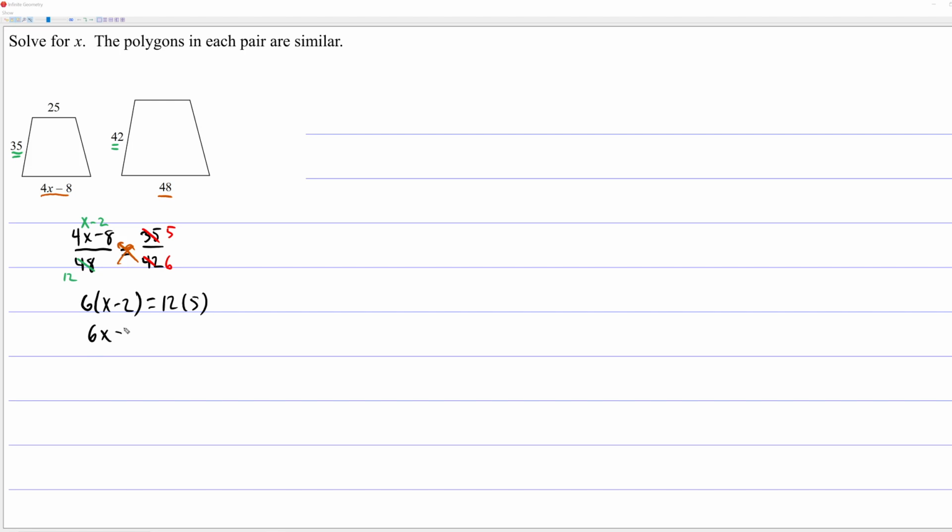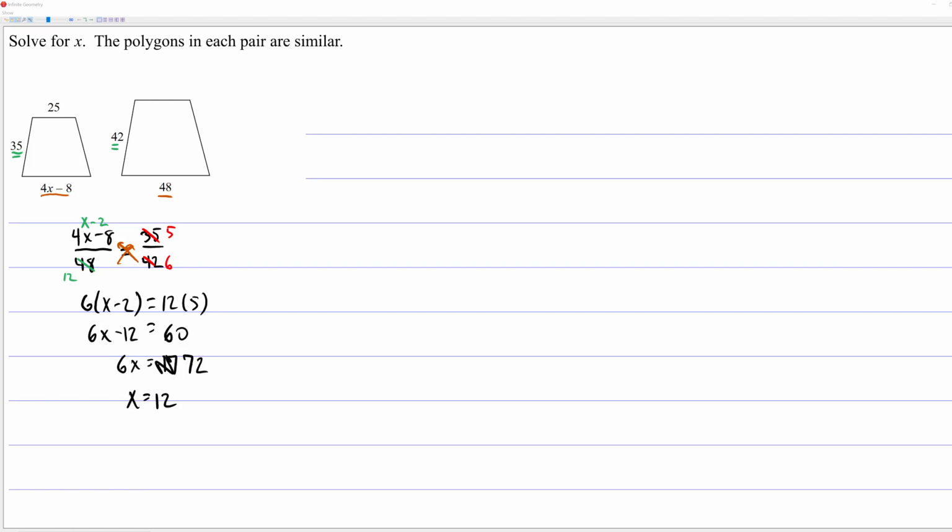So we have 6x minus 12 equals 60. Add 12 to both sides. 6x is 72. Divide by 6, and you get x equals, I believe that's going to be 12. So x is 12, and we've done what was asked for.